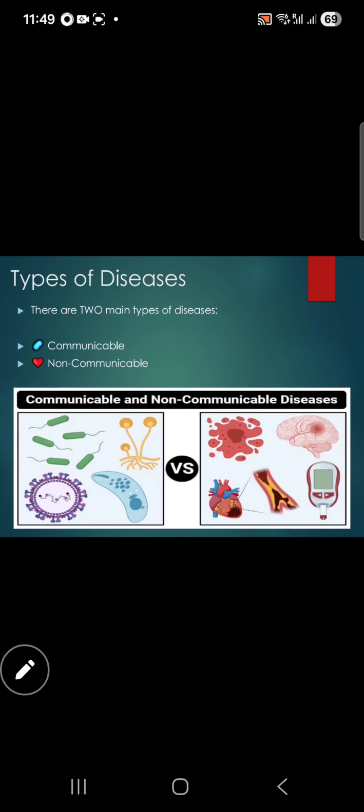Now, types of diseases. There are two main types of diseases, as you see in the picture: communicable diseases and non-communicable diseases. Communicable diseases are caused by parasites, fungi, bacteria, viruses, and non-communicable diseases are transmitted through air and other mechanisms.